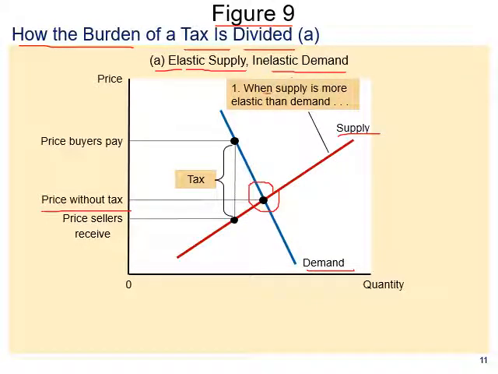When supply is more elastic than demand, the buyer will have to pay this price as the price paid, and this is the tax wedge, and the seller will receive this price.